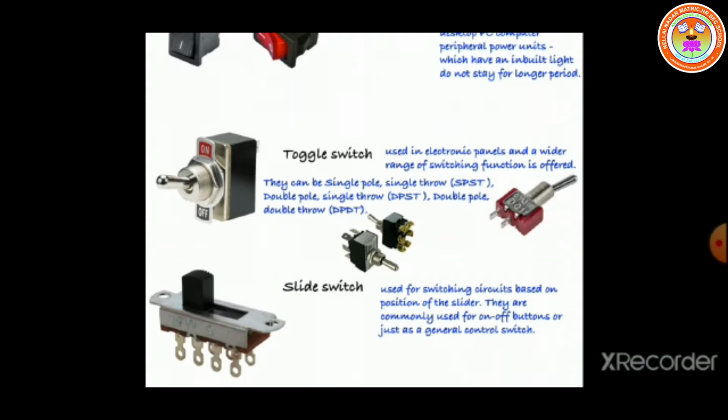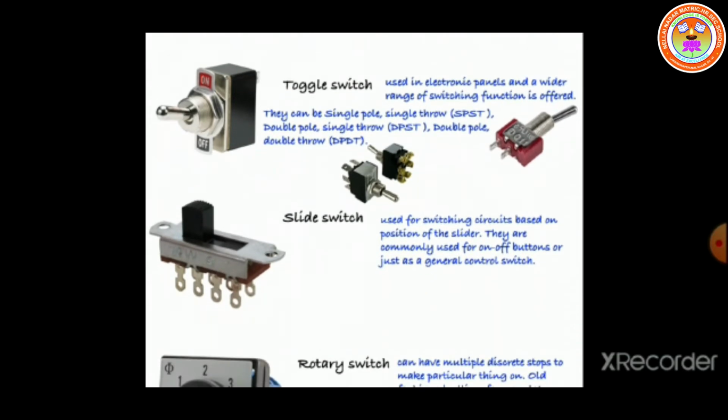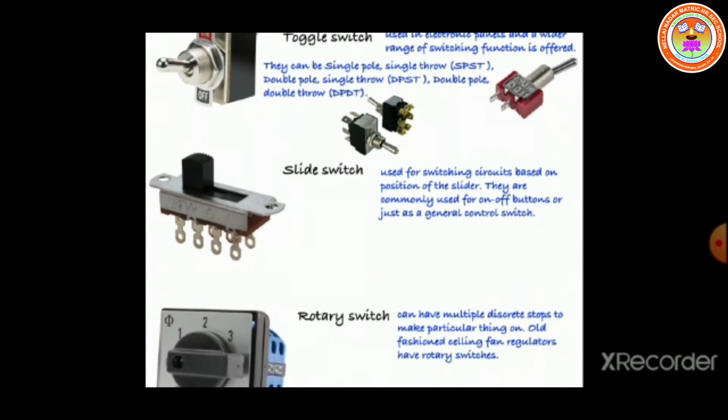They can be single pole single throw, SPST, double pole single throw, DPST, or double pole double throw, DPDT. The slide switch is used for switching circuits based on the position of the slider. It is commonly used for on-off buttons or as a general switch.